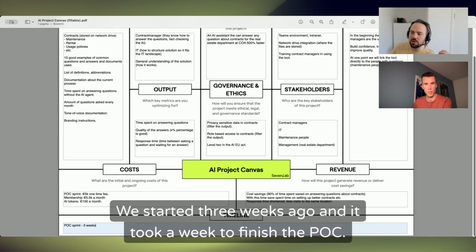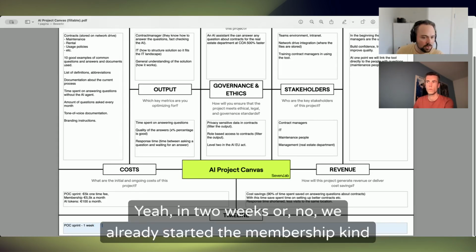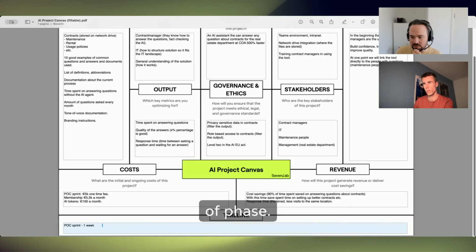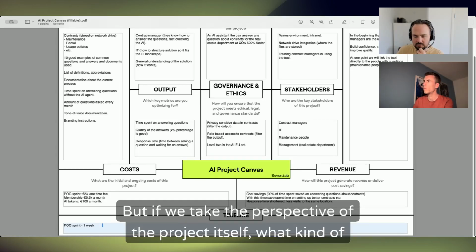We started 3 weeks ago and it took a week to finish the POC. Then we already started the membership kind of phase, right after the POC. But if we take the perspective of the project itself.